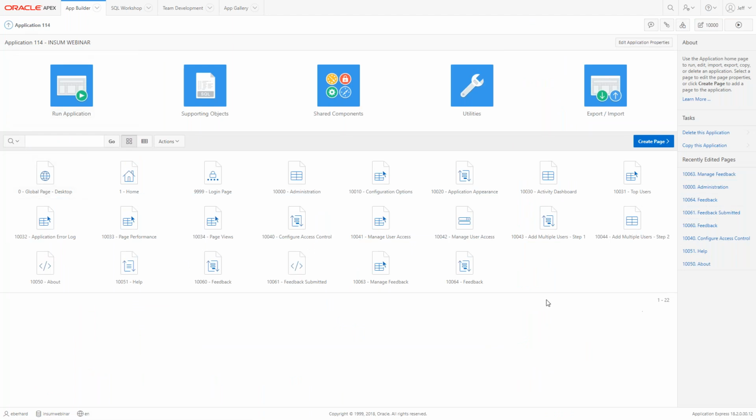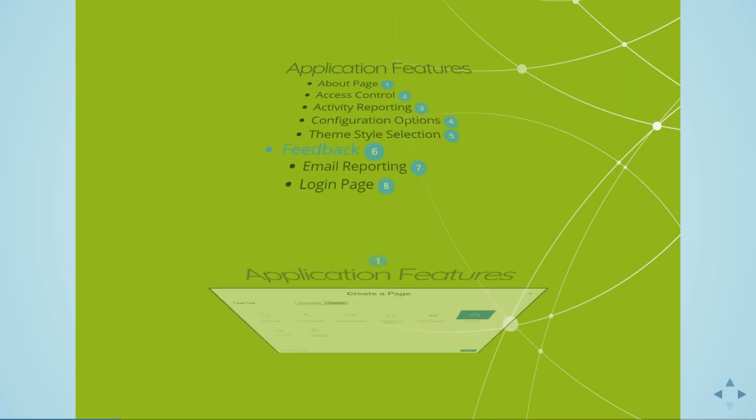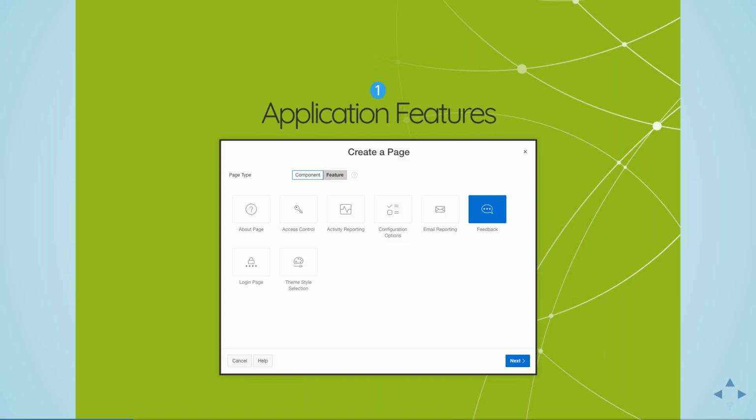So now we've got a 22-page application. So we talked about all these different features that we've declaratively added to our application or included in it. So now I've talked about 8 features already, so we're almost halfway done. Actually, we'll just call this our first feature or our first topic.